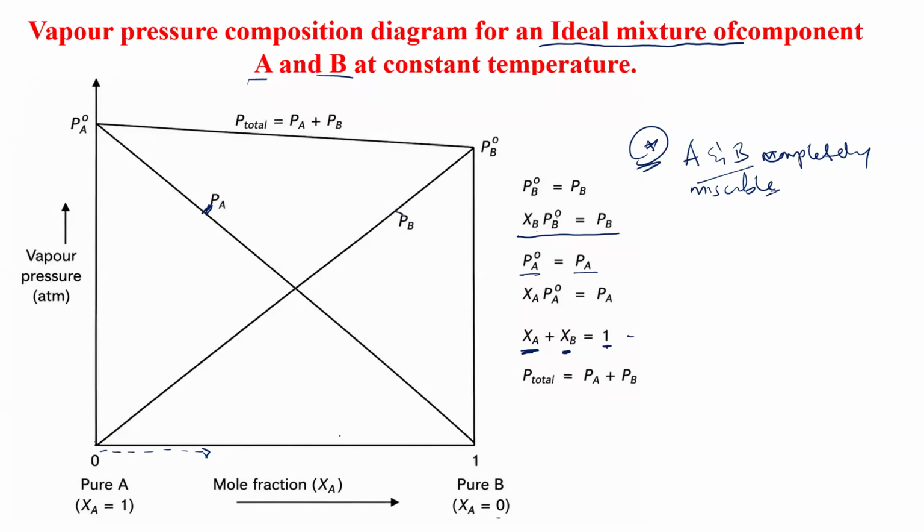This also decreases the saturated vapor pressure of A along the line PA, until it reaches X equal to 0. So as the fraction of B increases, the one for A decreases until A equals 0. The same thing happens as A is increasing: B is also decreasing along this line until the mole fraction of B is equal to 0.